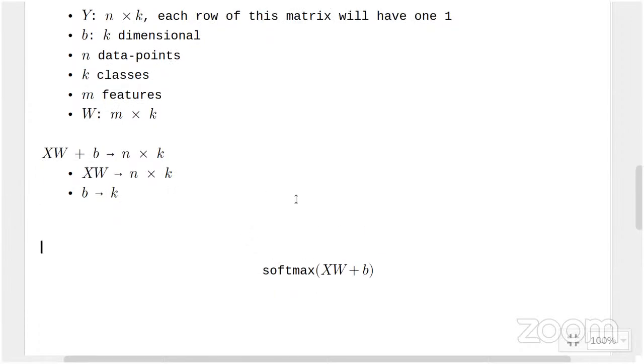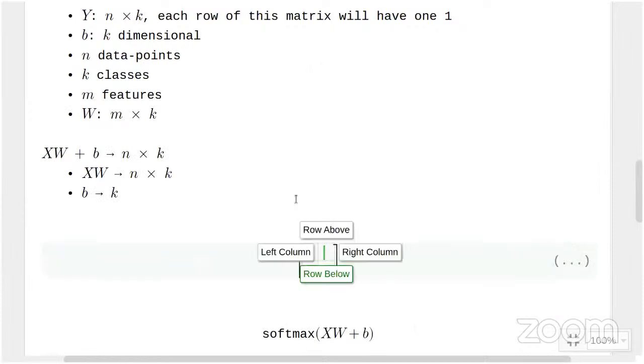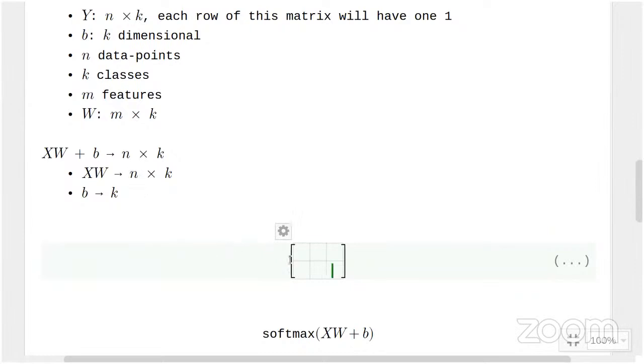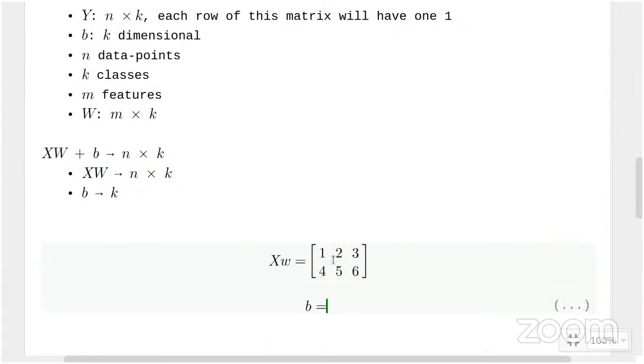Okay, look at it this way. Tell me if this is clear. This is 2 cross 3, and I'm saying this is XW, with randomly filled values. And B is, say, 7, 8, 9.